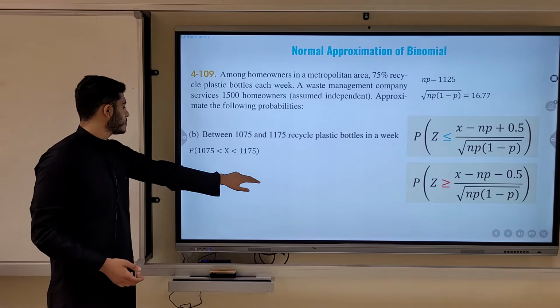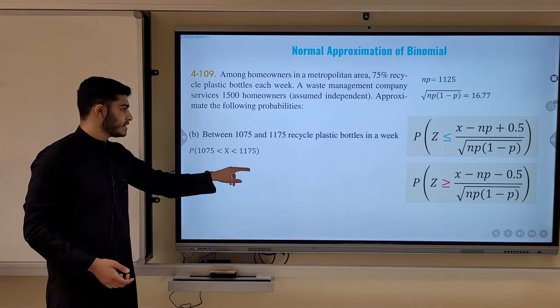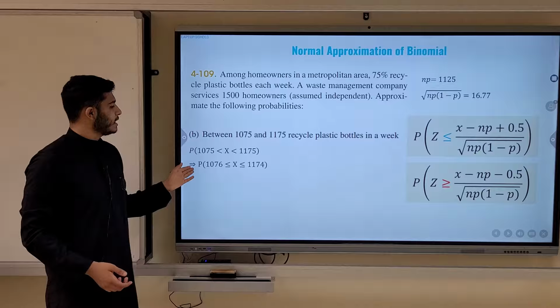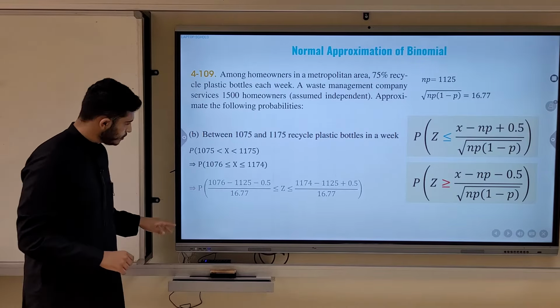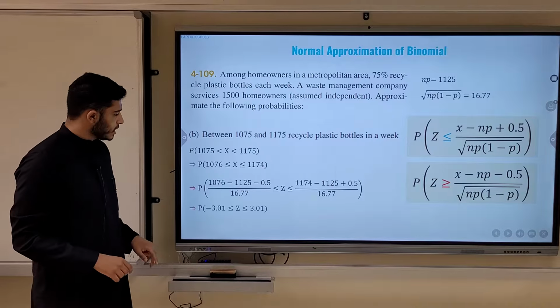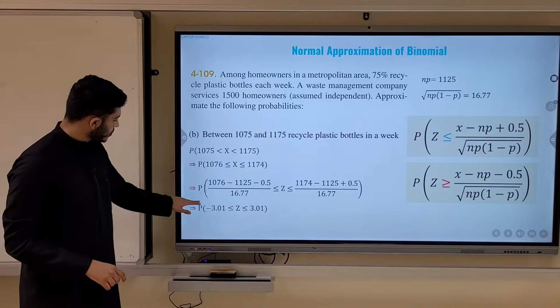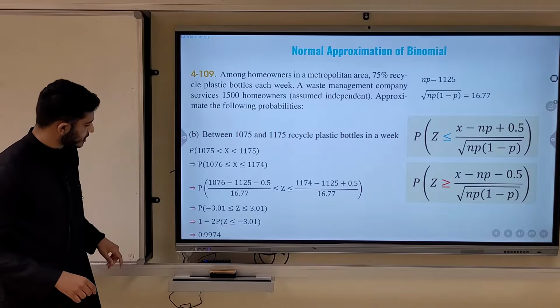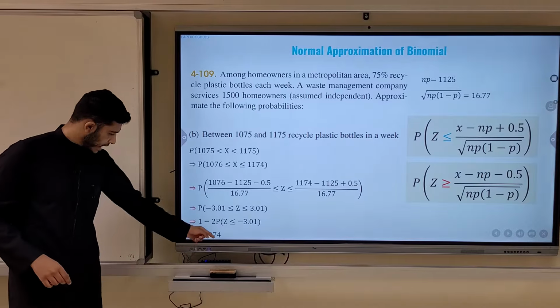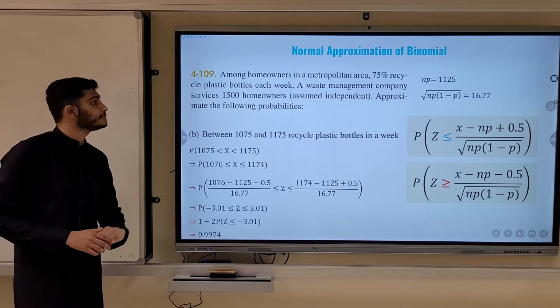It's going to be 1,076. Now we're able to use these formulas, and after we standardize, we end up with this expression, which we can solve using this method, and this is the answer at the end.